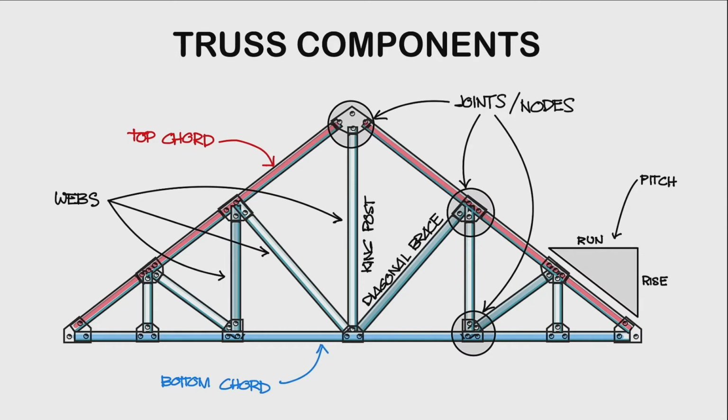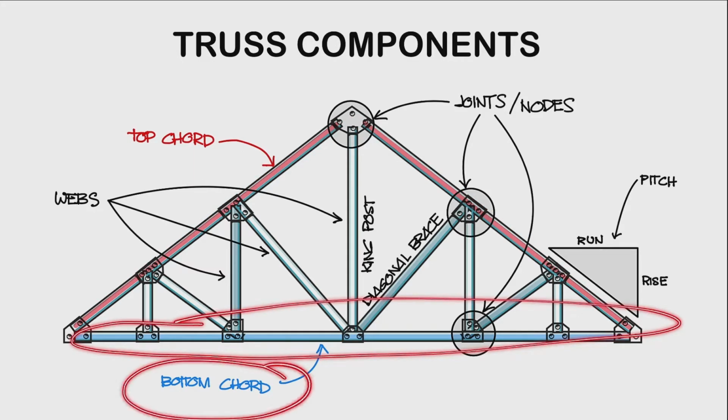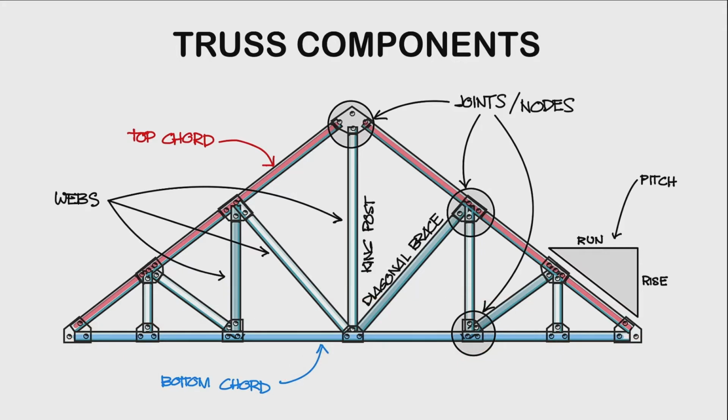Okay, so let's get a quick run through of the different components or the different terminologies that you might encounter in the problems for the board exam. So, the members on the top of our truss are what we call the top chords, and the members on the bottom of our truss are what we call the bottom chords. And then the members in between your top chords and your bottom chords are what we call the web members, or simply the web.